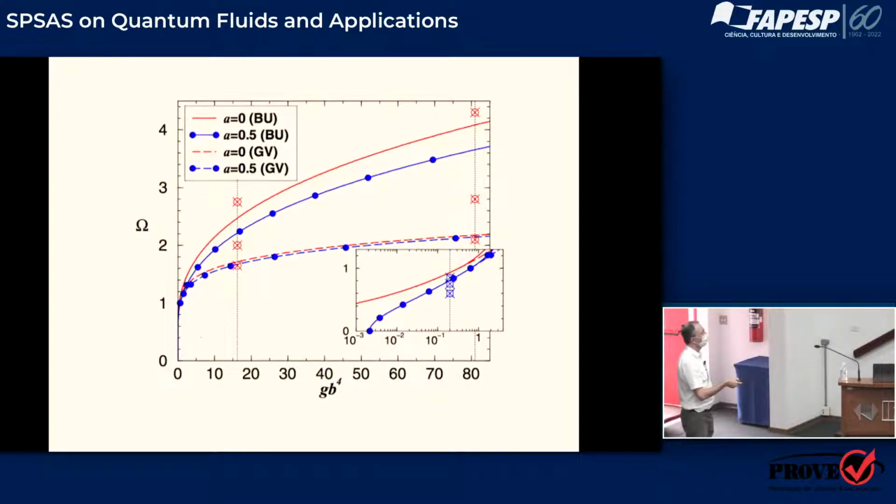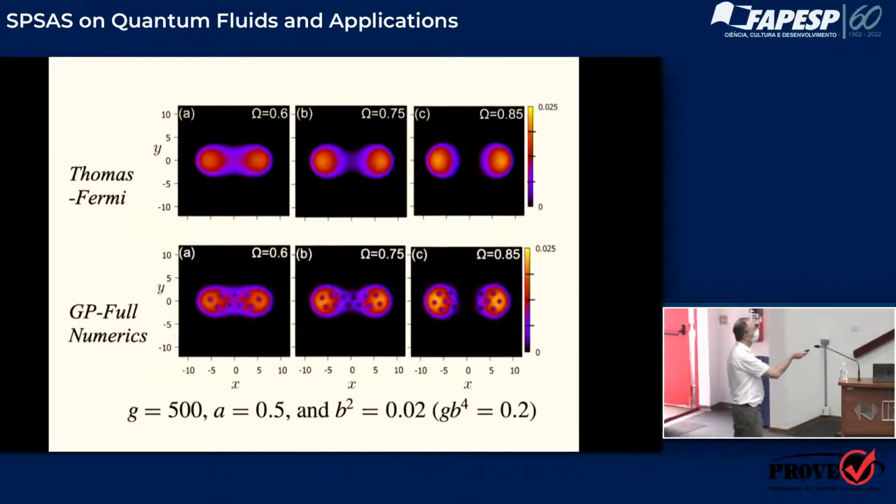You have a formation of a giant vortex here, and then if you go up through this line, around GB to the 4 around 16, finally you have a breakup. So I can show you.